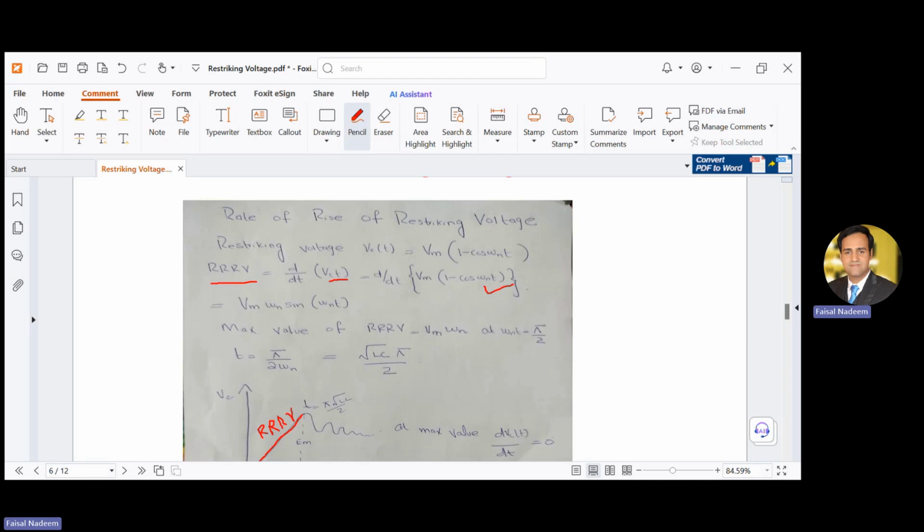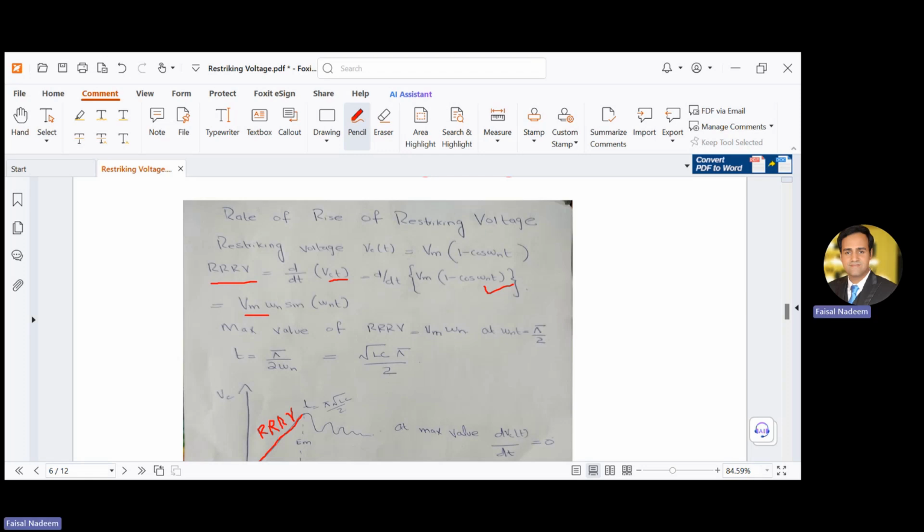The maximum rate of rise of voltage is Vm omega n, and this occurs when sine omega nt is equal to 1, that is, when omega nt is equal to pi by 2. Then we have the maximum value of RRRV, which is Vm omega n.